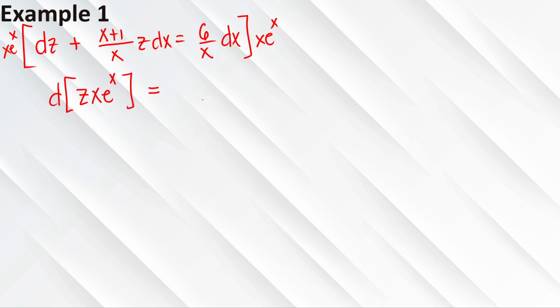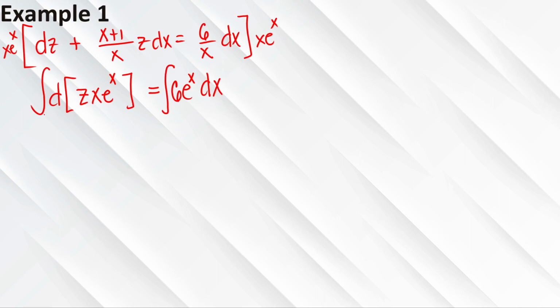And then yung right side, kailangan natin siyang i-simplify. So, 6 over x dx yon, tapos multiply natin ng x e raised to x. May makakancel yung x. Ang matitira lang is 6e raised to x dx, which is a function of x. Kaya madali lang integrate. So, integrate natin.